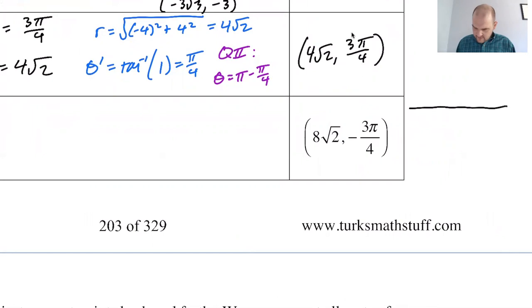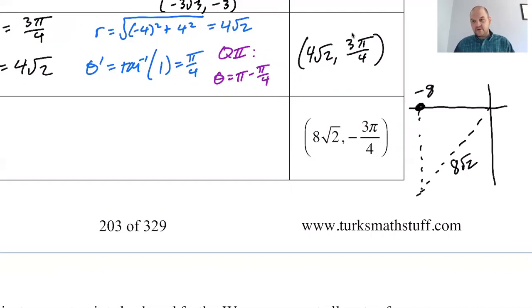So negative 3 pi over 4 cuts this directly in half. And then I get a hypotenuse of 8 root 2. So 8 root 2 is here. But how does that happen? Well, that's got to mean that this distance is 8, but the coordinate here will be negative 8, because it's a directed distance.